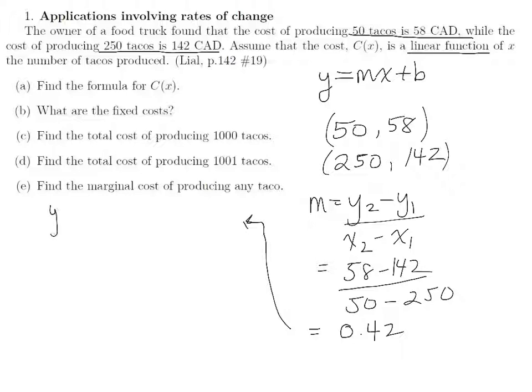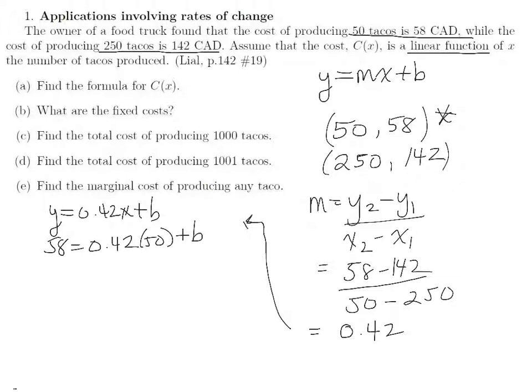So we have this so far, right? And we're going to use one of those points. Let's use this first one here. So we have 58 equals 0.42 times 50 plus b.